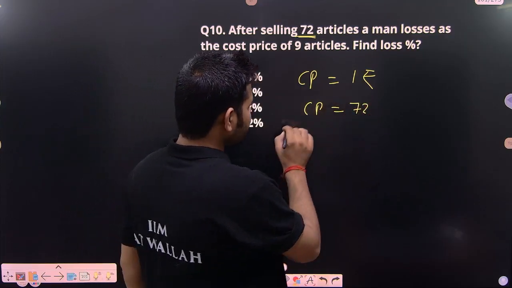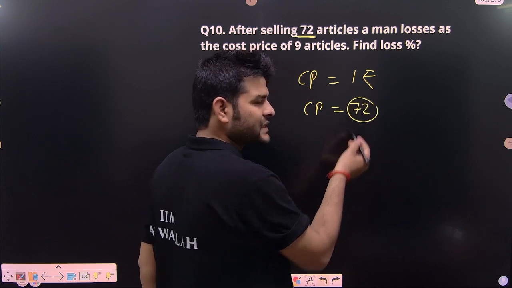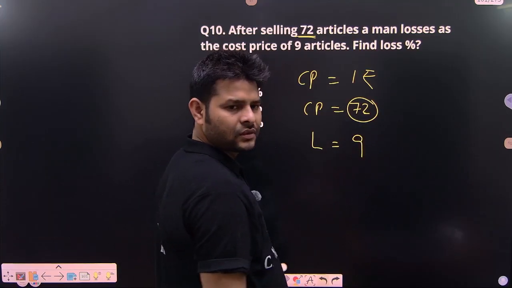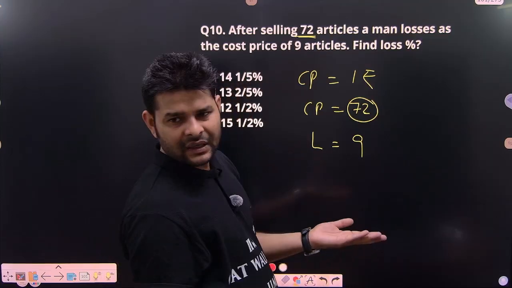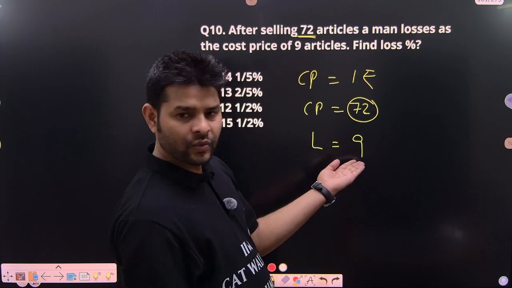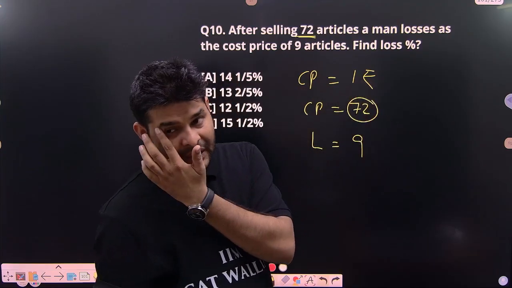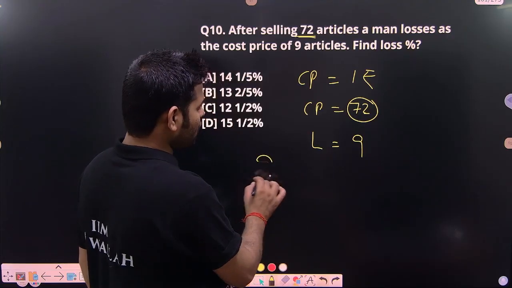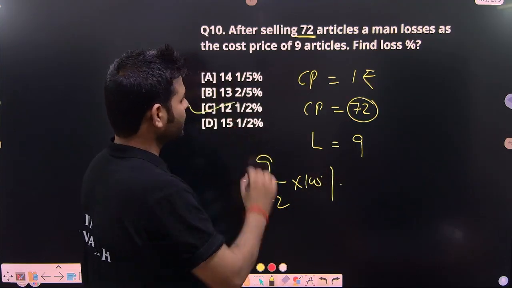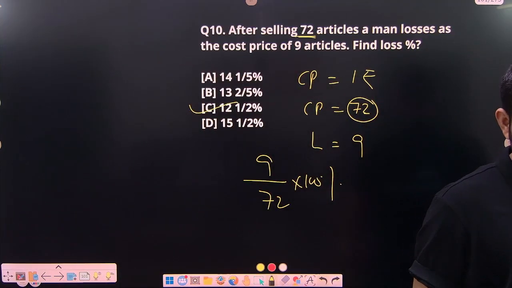After selling 72 articles, a man loses the cost price of 9 articles. So the cost price of 72 articles is 72 and the loss is 9 rupees. If one article costs 1 rupee, 9 articles cost 9 rupees. So basically 9 is the loss on 72. So that would be 12.5. Quite an easy question.